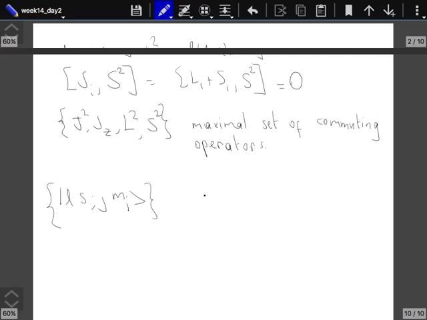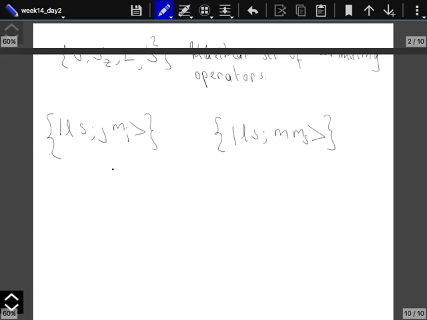Well, we also have seen that another possible basis was L, S, M, Ms. So these two are my possible bases. But this also tells me that I should be able to write L S J Mj as a sum of these states.